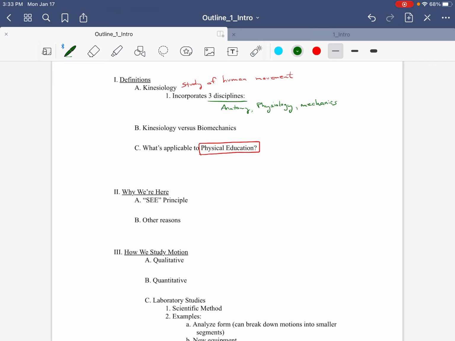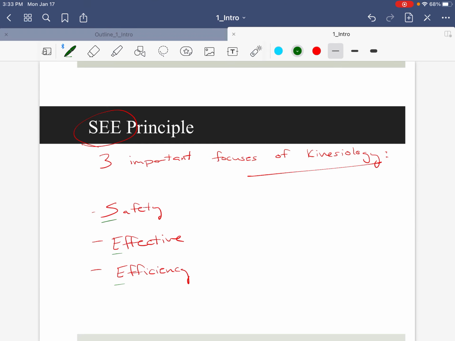Hopefully you can think of some examples on your own of why it's important to understand human movement and make it safe, effective, and efficient. Better performance on the athletic field, reduced risk of injury, better ability to perform activities of daily living. I think we can go through those.